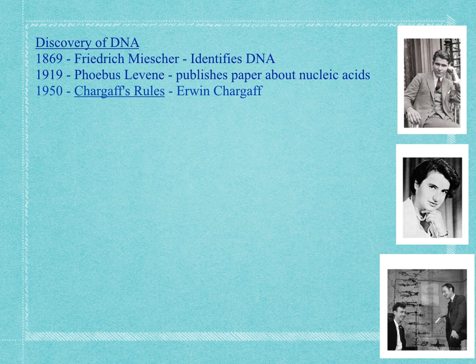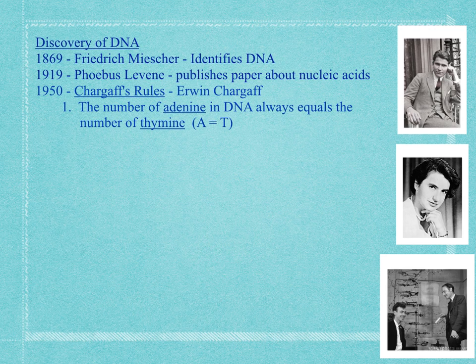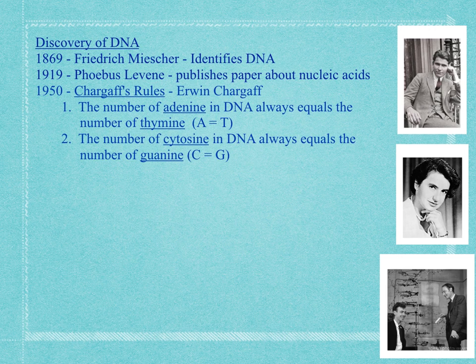In 1950, Erwin Chargaff came up with rules for how DNA is put together. So what Chargaff said is that the number of adenine in DNA always equals the number of thymine. So A equals T. And the number of cytosine in DNA always equals the number of guanine.